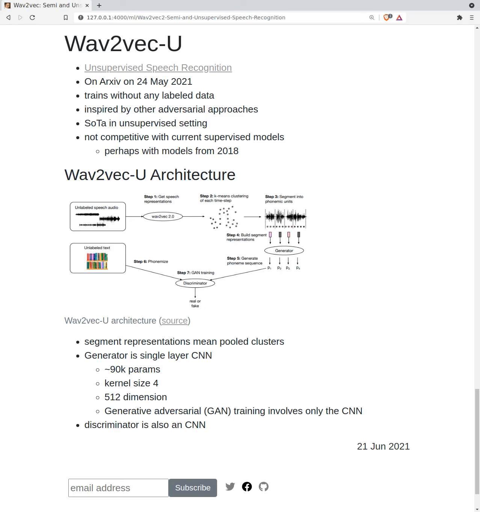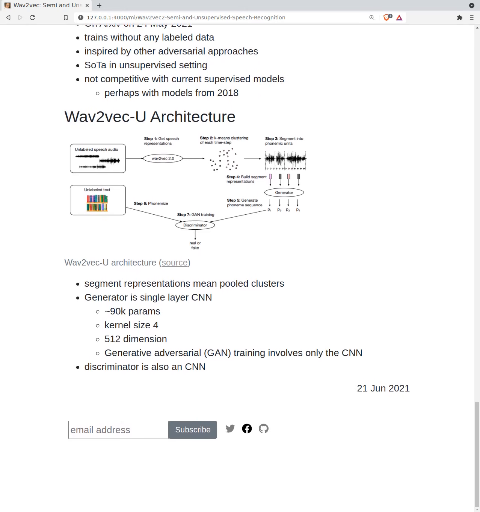The generator generates some phoneme sequence, and that is passed to a discriminator, and the discriminator has no labels. It only tries to recognize what is real and what is fake. The goal of the training is to make sure that the discriminator is no longer able to recognize what is coming from the generator, which is based on unlabeled speech, and what is coming from unlabeled text that is phonemized, converted using some simple algorithm into phonemes.